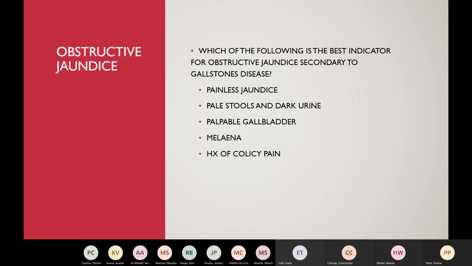Fab. Okay, so I couldn't be bothered to retype the question, but painless jaundice is number 1, pale stools and dark urine is number 2, etc. So everyone just vote.